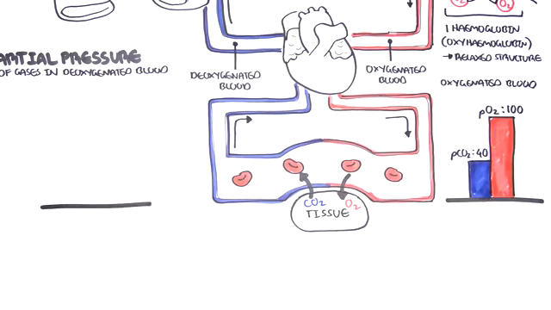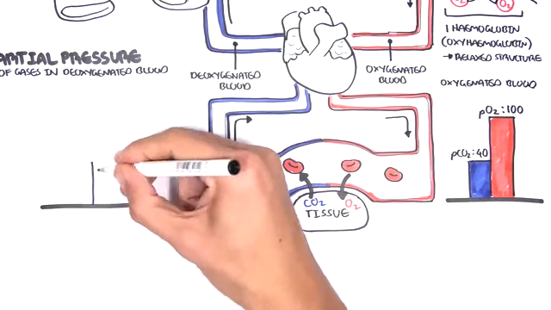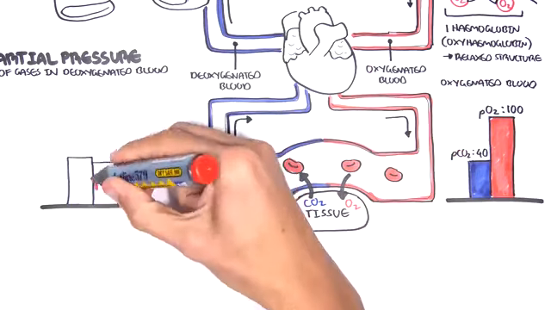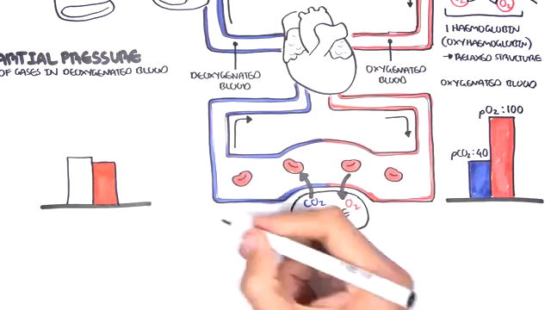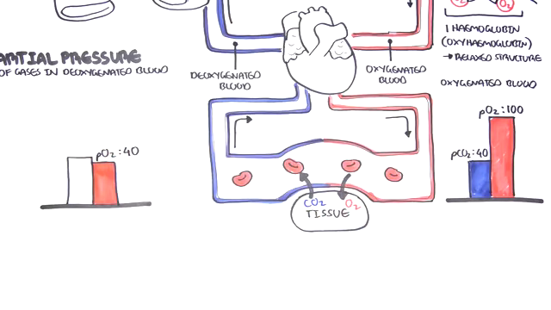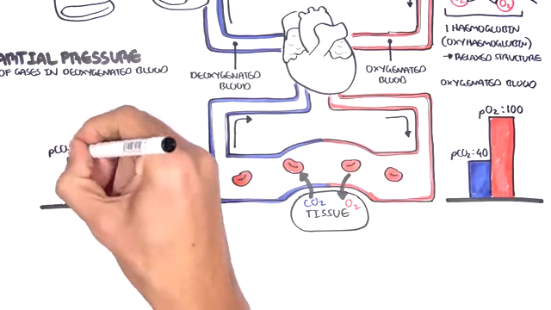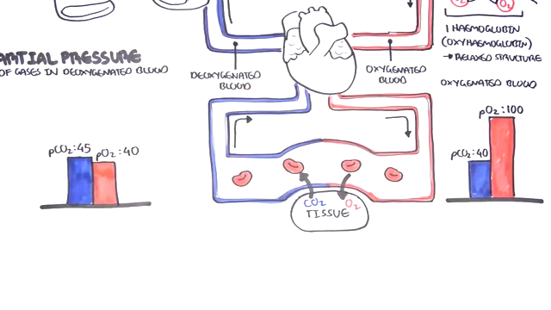Deoxygenated blood, on the other hand, is very different. When we talk about deoxygenated blood, we are talking about the veins. So oxygen can be up to 40 millimeters of mercury, and carbon dioxide about 45. The changes in partial pressure are important to understand because they help explain the hemoglobin dissociation curve, and we will talk about that now.